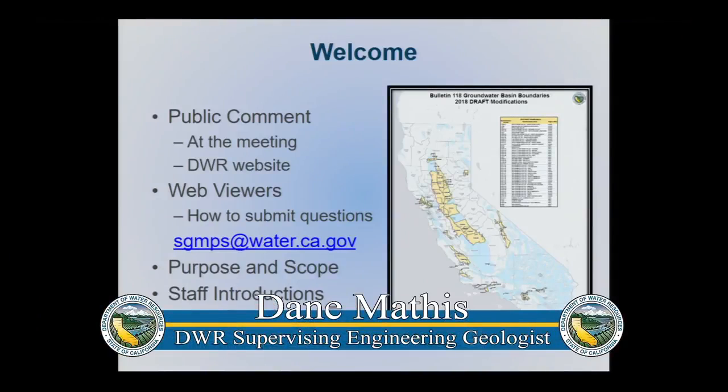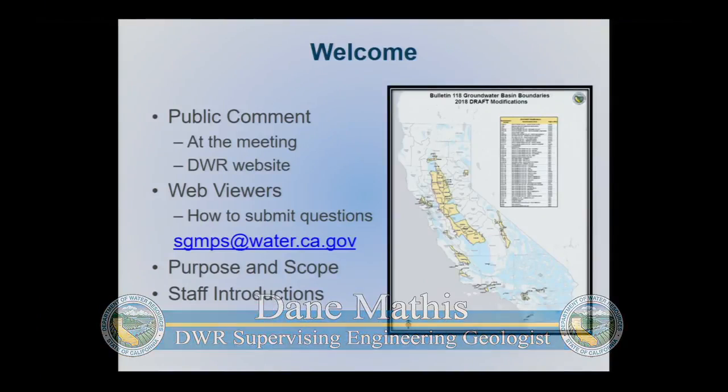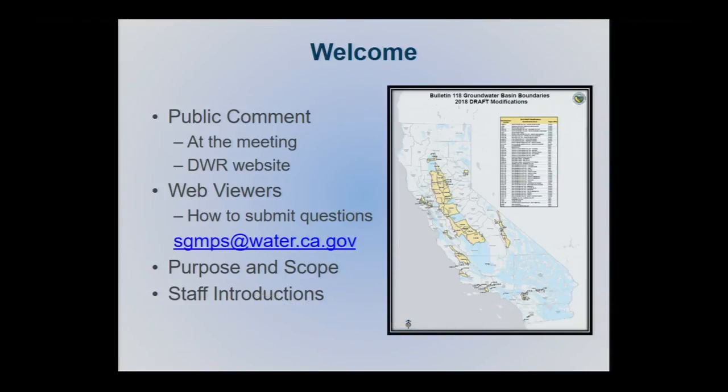And that in turn establishes areas that might eventually be subject to the requirements of the Sustainable Groundwater Management Act. So we're looking forward to completing these projects so agencies can really implement their necessary planning needed to develop the groundwater sustainability plans and eventually implement them.